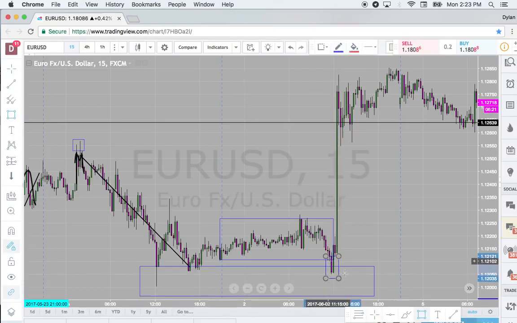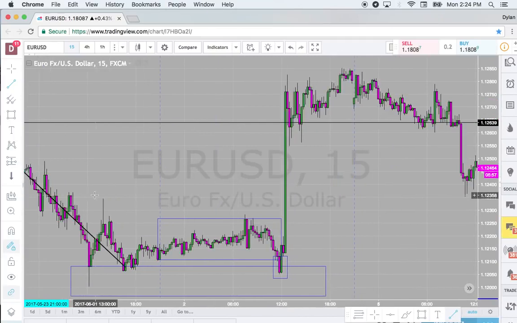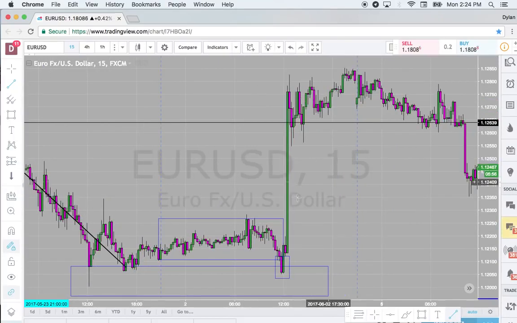This is the trap to induce retail traders to sell, and then boom. Either that was a news event or just who knows. But the patterns, news is just an influencer of these patterns, you guys. So news just helps these patterns complete themselves.